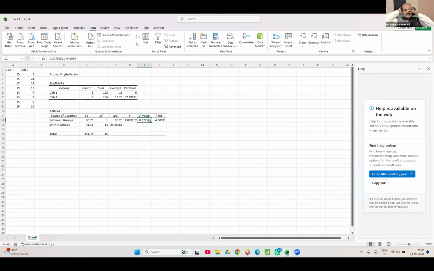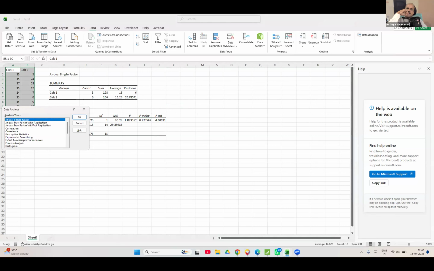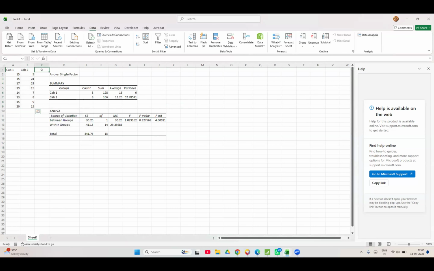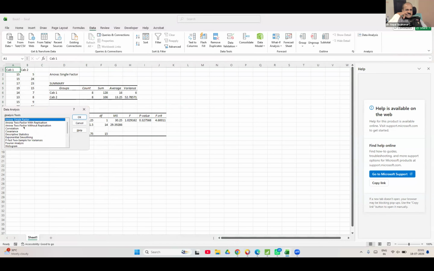Now do the two sample t-test using Excel for the same problem. No need to select data now. First click Data Analysis. Not ANOVA two factor. Go to t-test: Two-Sample Assuming Equal Variances.